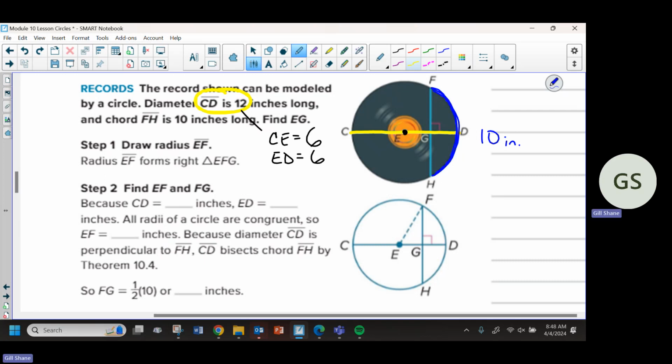I'm sorry, chord, you're right. Oh, arc. So yeah, let's resolve that. So the chord is 10 inches long. Yeah, there's no arc. I could have sworn I saw an arc symbol, but no arc symbol anywhere. So I know that is 10 inches.